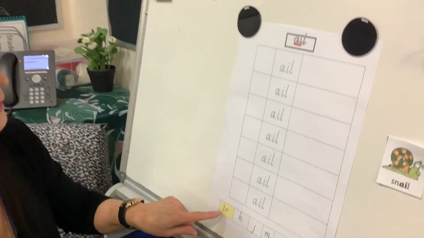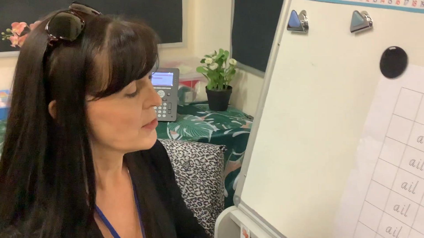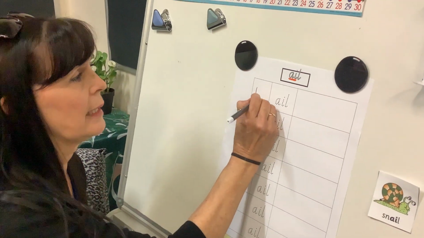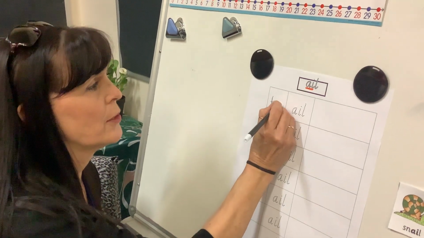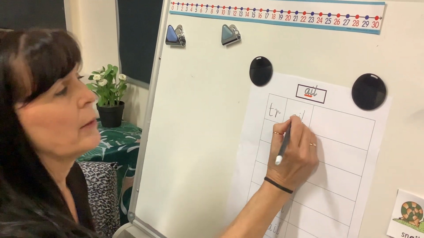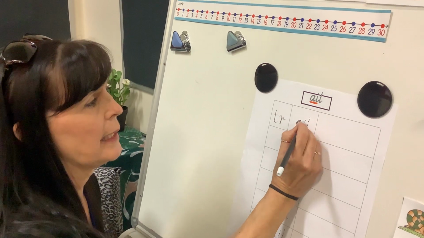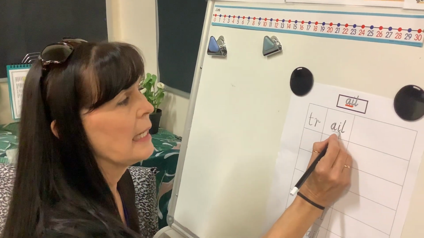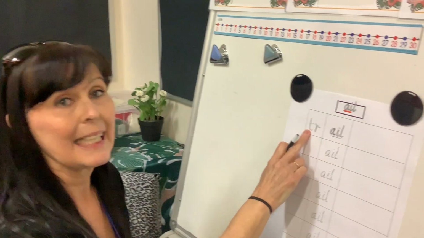So we have the letters T and R, and we're going to bring those up here and write them, T, R. Then we're going to trace over our word family, remembering that it's A, OO, and together AL. We're going to blend them together.